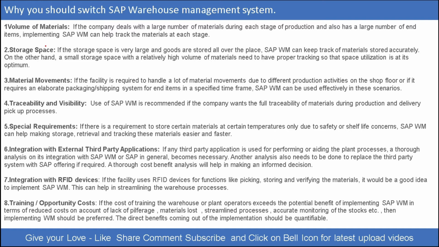But if these kinds of systems are not there, then you need to physically explain each and every area to them, what kind of materials are kept at which locations. So this all involves training and opportunity cost. So these are the reasons.